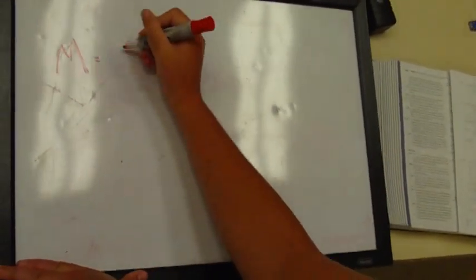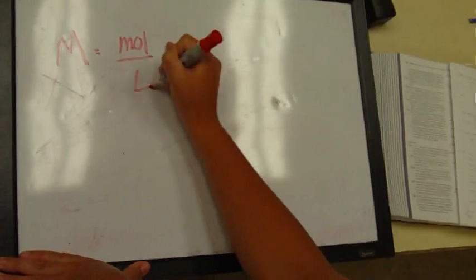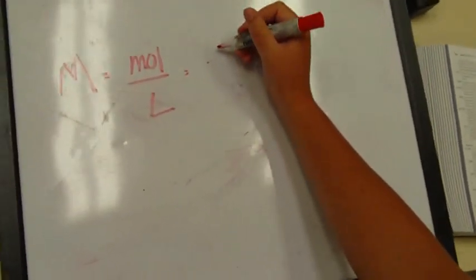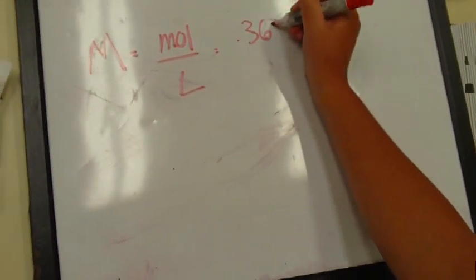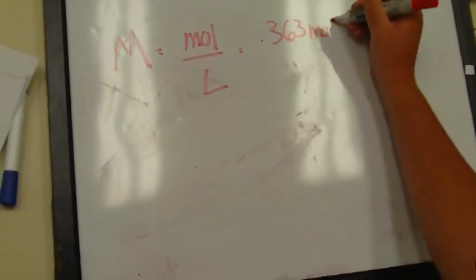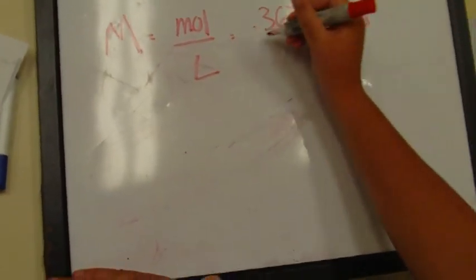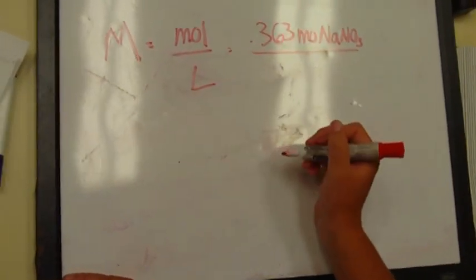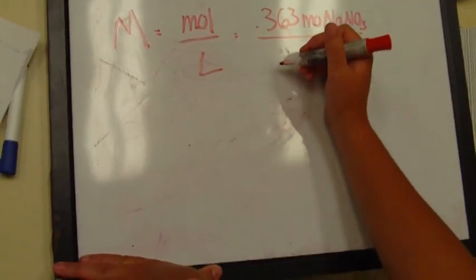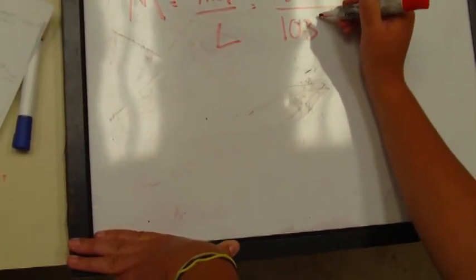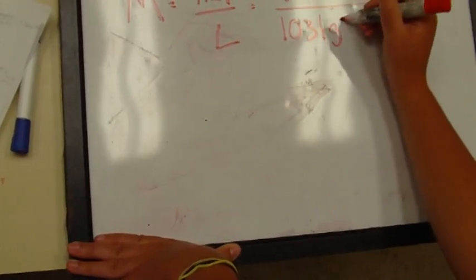So the molarity of the solution, which is moles per liter, you know that we were working with 0.363 moles sodium nitrate. And for the liters of the total solution, we have 1,030, and we'll just round, grams of solution.